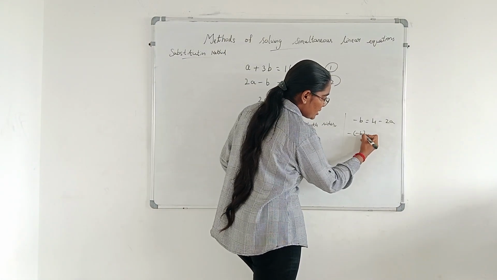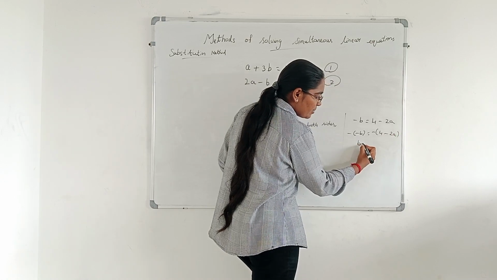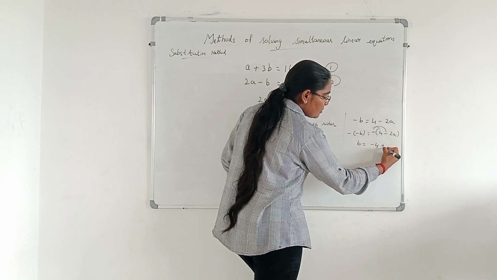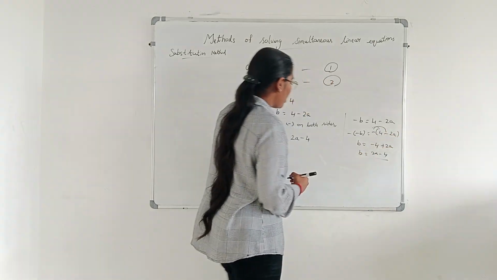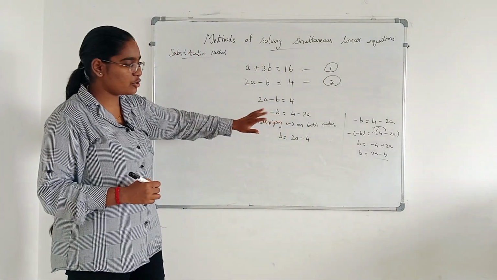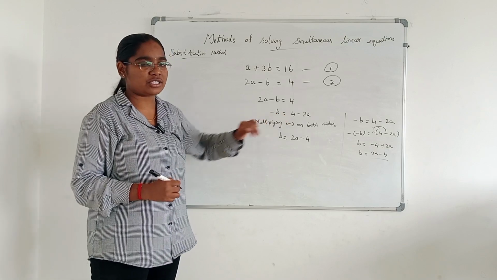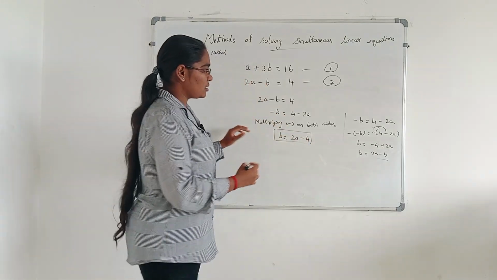So minus into minus b is b, and minus into 4 minus 2a gives minus 4 plus 2a. Okay. So b equal to 2a minus 4. Whatever you are doing on an equation, you should do it on both sides. Okay. Then only that equality will hold. Okay. So now you got the value of b.